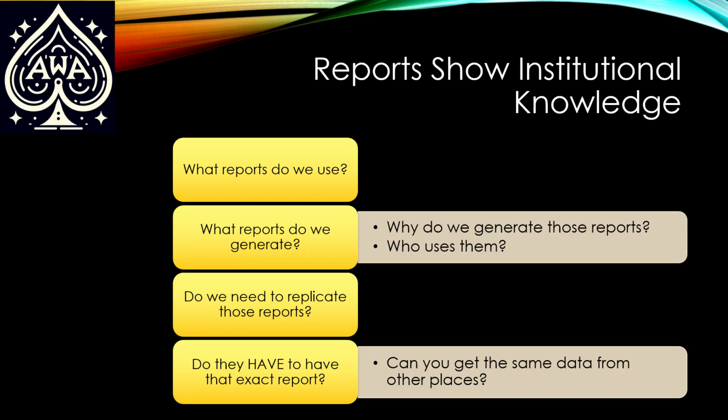And so looking at reports and the reports that are in the system and what Oracle comes with is super important. And then the loving one, do you have to have that exact report? An exercise that I go through quite frequently is, somebody has 35 or 40 columns on a single report, and the data is so onerous to look at and maintain.